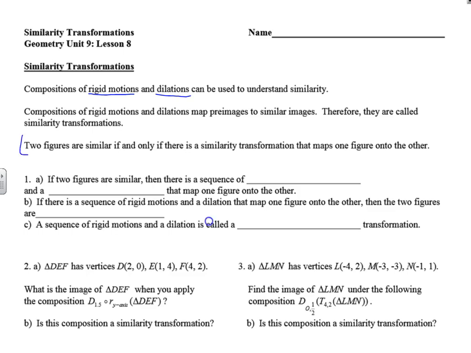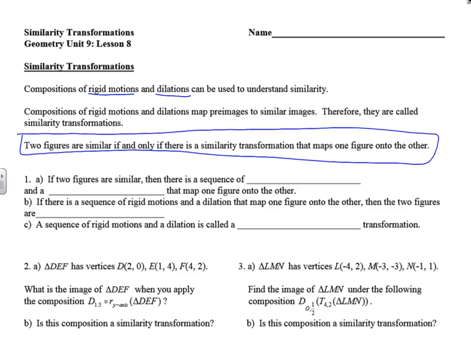So here is a key idea. Two figures are similar if and only if there is a similarity transformation that maps one figure onto the other. Again, the key to this is that there is a dilation.